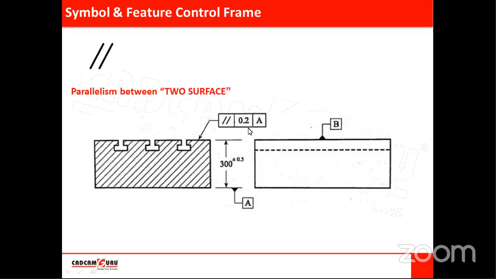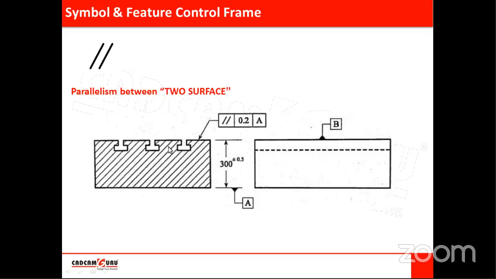This permissible deviation value is always smaller than the size tolerance. This is the size tolerance, the height of this component, and here we are talking about the deviation of this top surface.